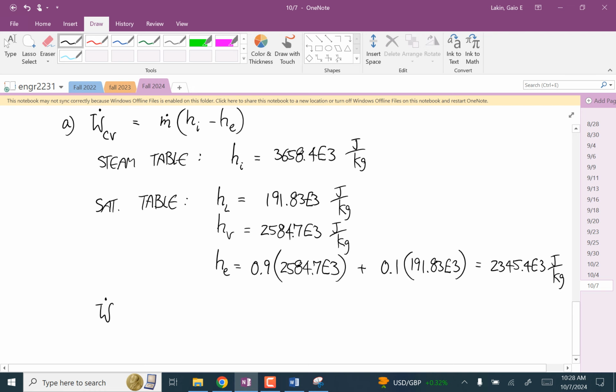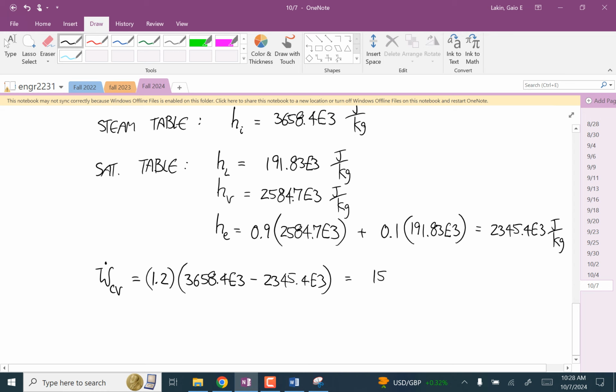So the power generated, W dot, is equal to, we had a mass flow rate of 1.2 times the quantity, inlet enthalpy, 3658.4 times 10 to the third, minus exit enthalpy, 2345.4 times 10 to the third.